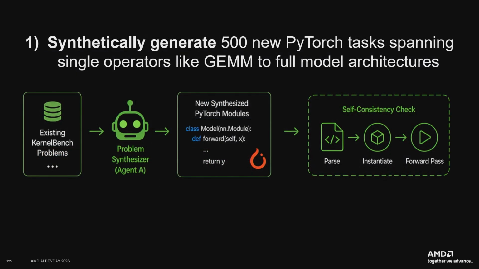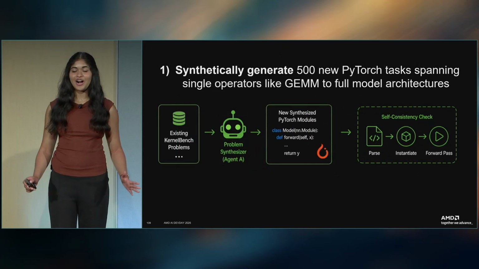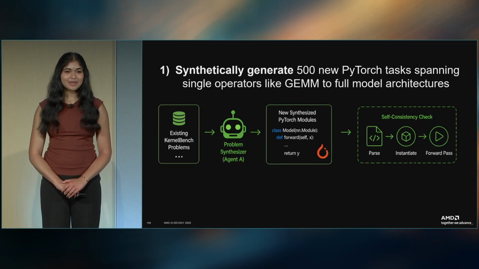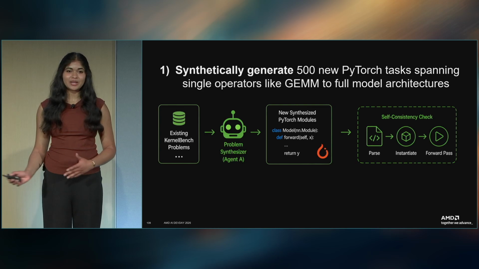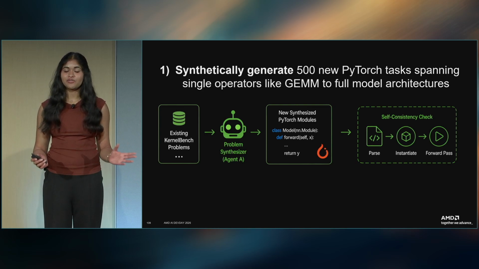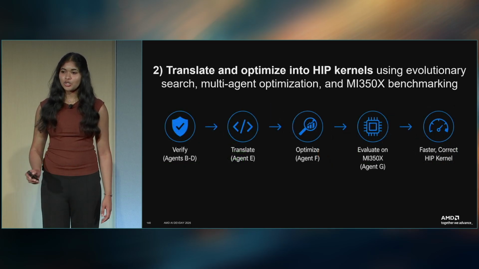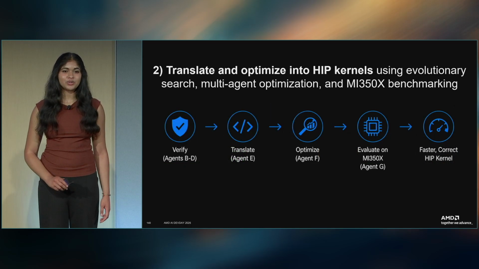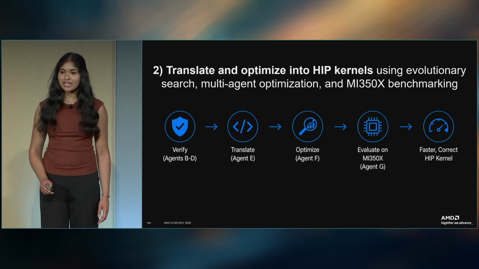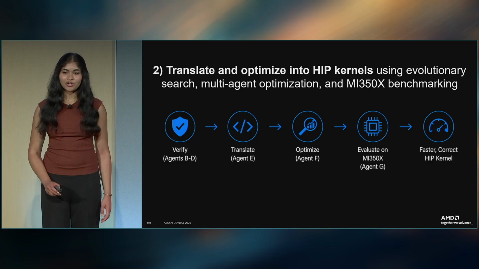Our work addresses these limitations through 3 key objectives. First, we synthetically generate over 500 new PyTorch tasks, spanning everything from single operators like GEMMs to full model architectures, to cover the AI workload space far more than what KernelBench can already do. Second, we translate and optimize each of these PyTorch tasks into HIP kernels using evolutionary search and multi-agent optimization, and we benchmark on real AMD MI350X GPUs.